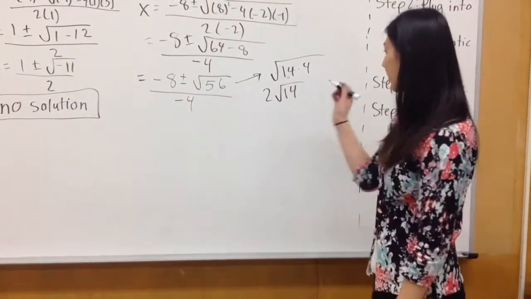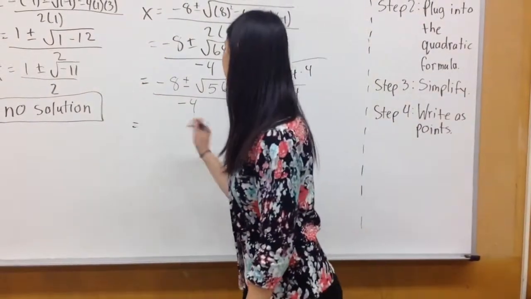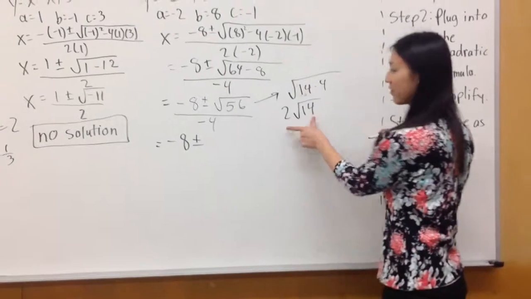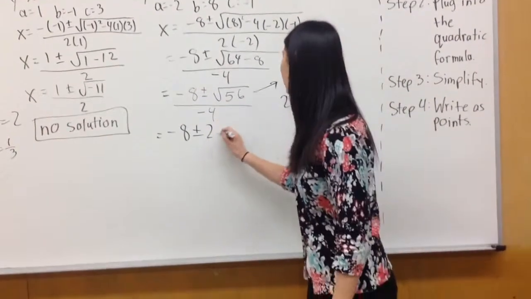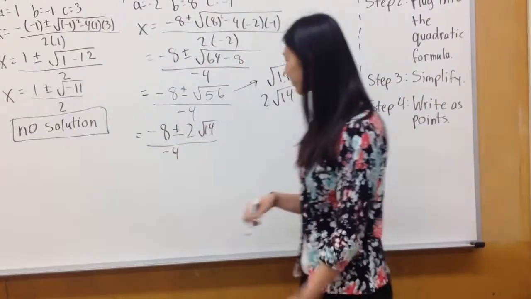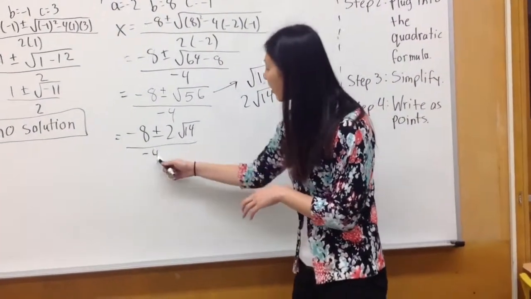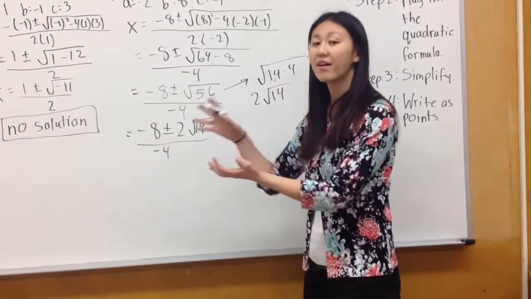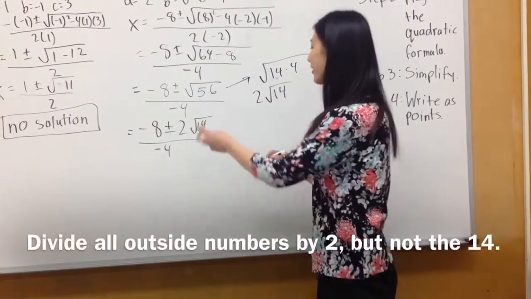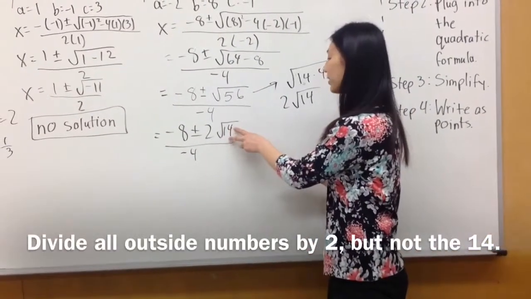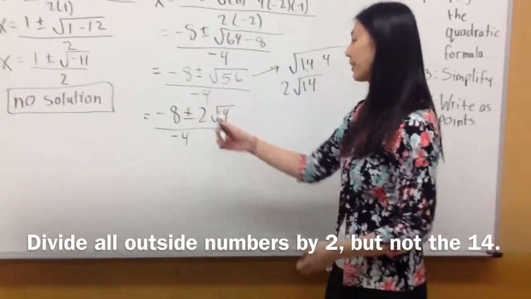All right, now I'm going to continue to simplify this. So this is negative 8 plus or minus, I'm just taking what I have here, 2 square root of 14 all over negative 4. Now if you look here, all 3 of these numbers are divisible by 2. So I'm going to divide all of them by 2 here. I don't do anything under the square root, okay? So I ignore this 14, but I'm dividing everything else by 2.